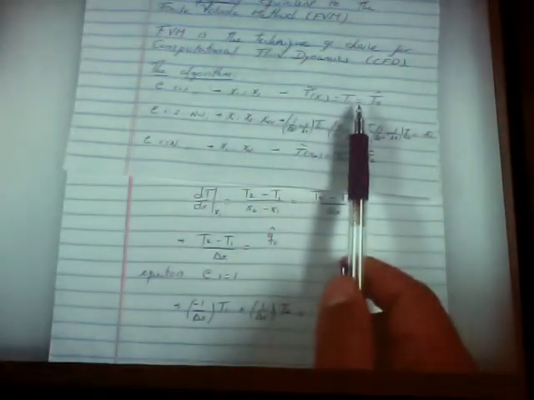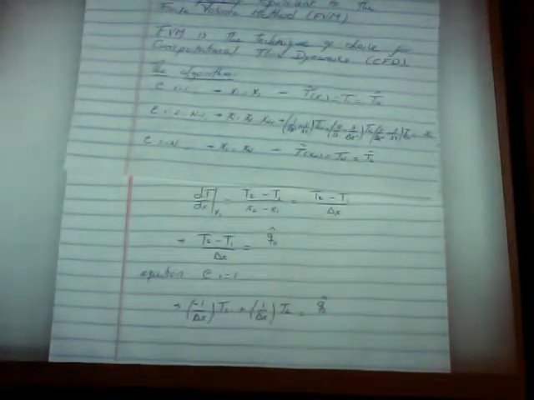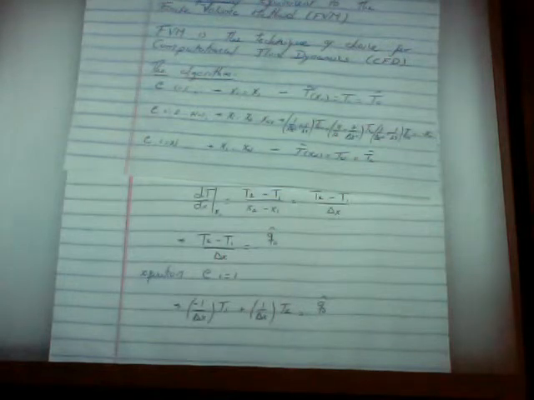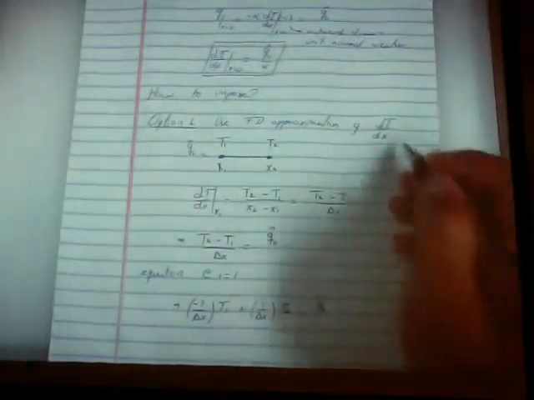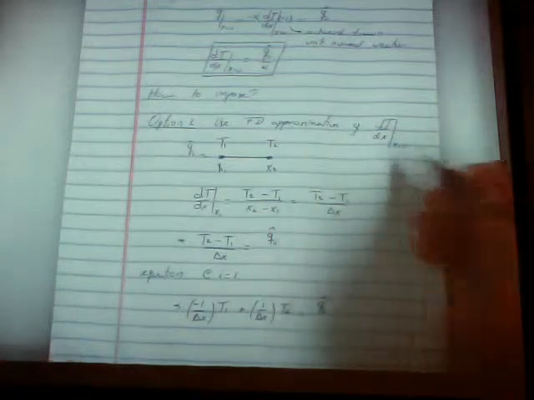That will replace this equation in the matrix. The one that says T1 is equal to T0 hat will be replaced by this one. It's another simultaneous equation. So that's option 1. Use the finite differencing approximation of dT/dx at x equals 0.